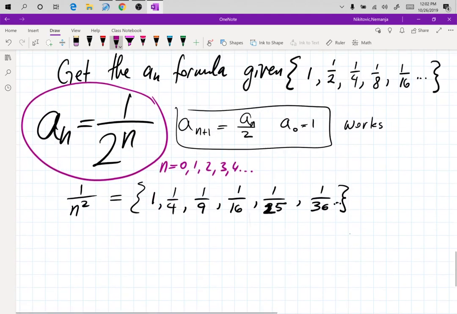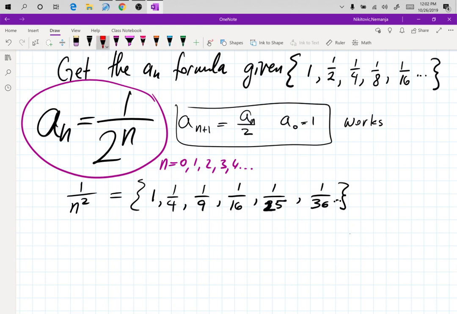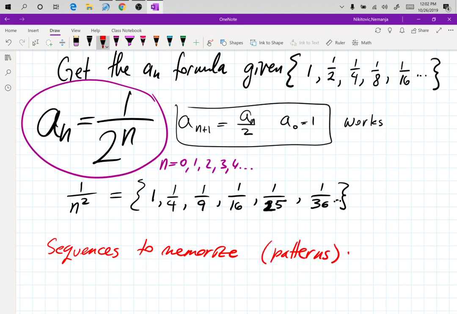All right. So here are, in blood, sequences to memorize. Patterns.